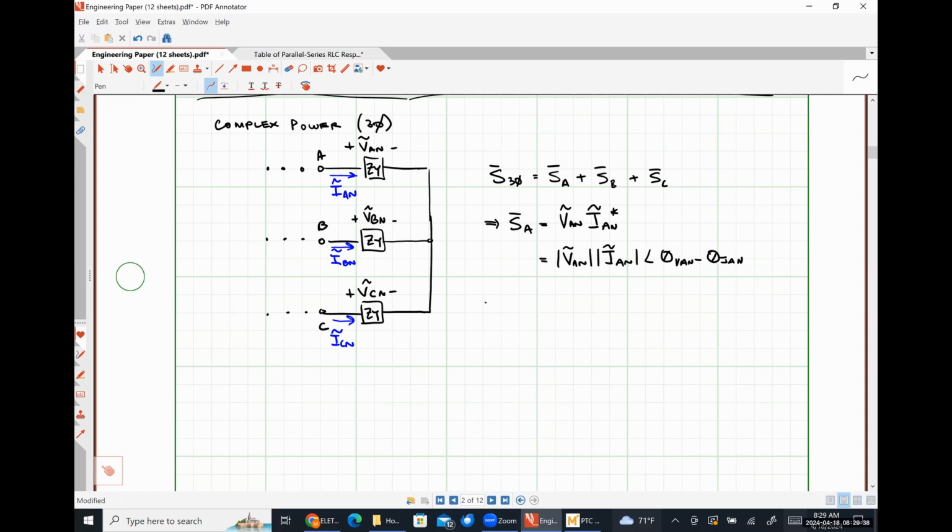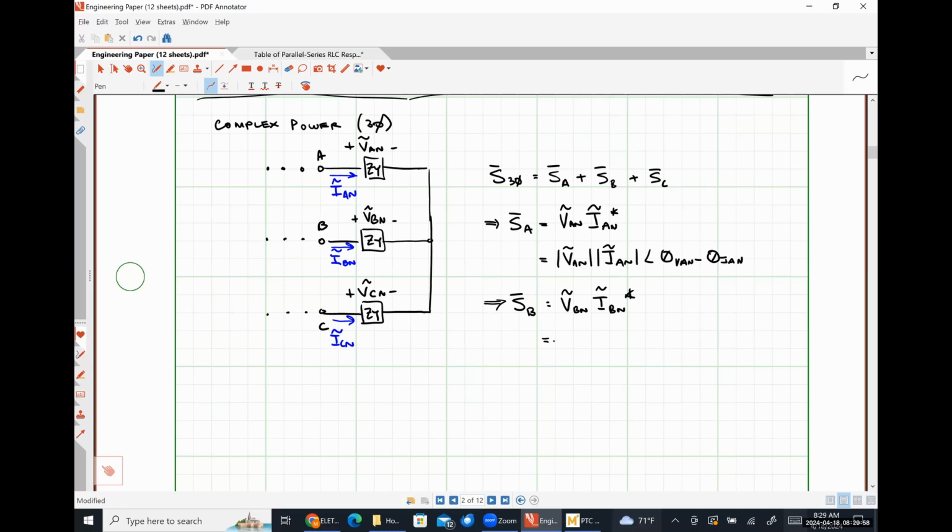So now let's look at the complex power absorbed by the B phase. So using the exact same thing, we would have VBN times IBN conjugate.